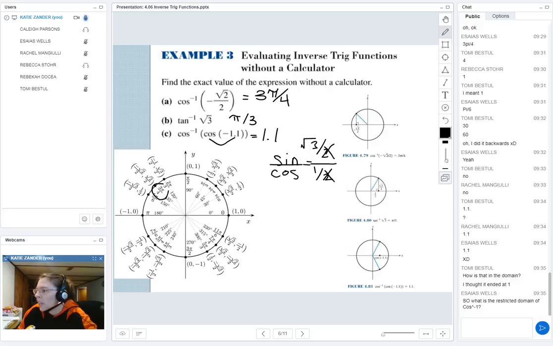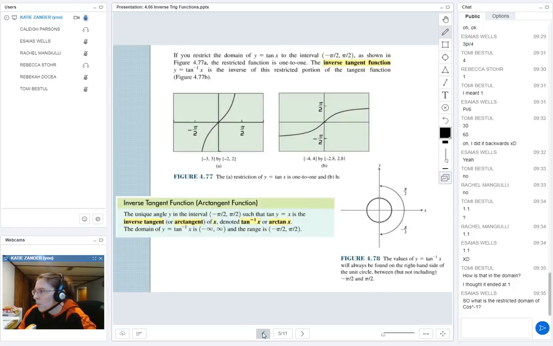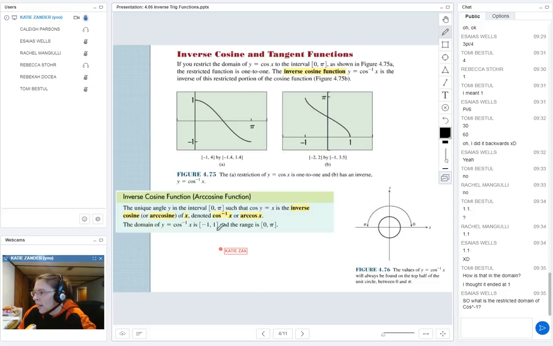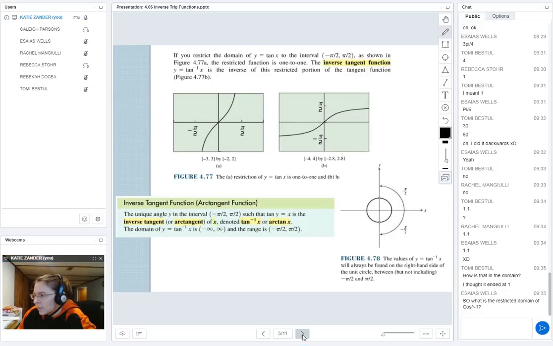Let's go back and look. I want to say it's between quadrants 1 and 2. But let's go back to that. And yeah, so 0 to pi is the range, but it looks like negative 1 to 1 is the restricted domain for all of them, except for tangent.